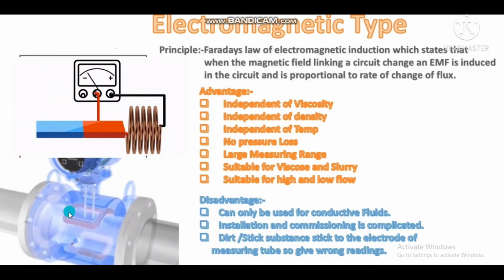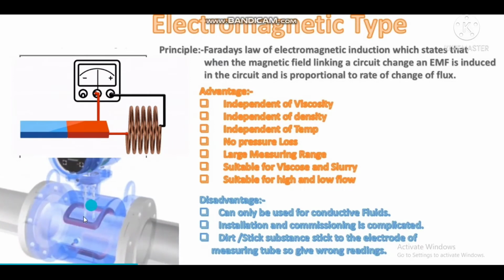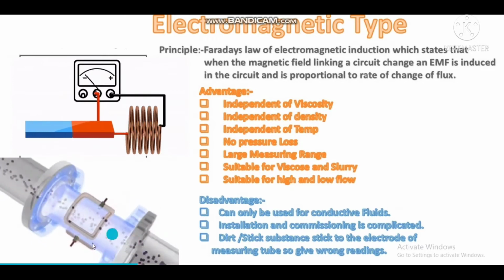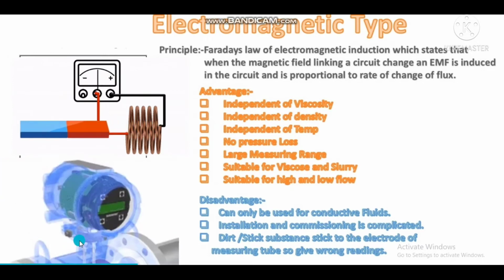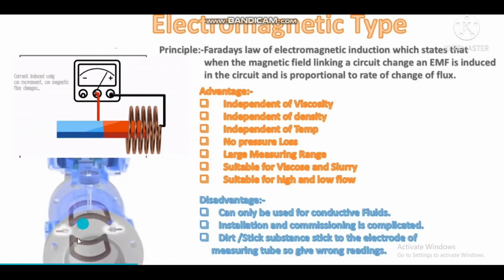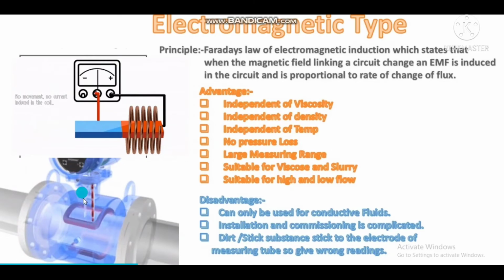And then we can also see this here in this animation. We can check how the electromagnetic type of flow meter works. When the liquid flows through the pipe, there are two electrodes which sense the flow of the liquid, and hence it can measure the flow rate.